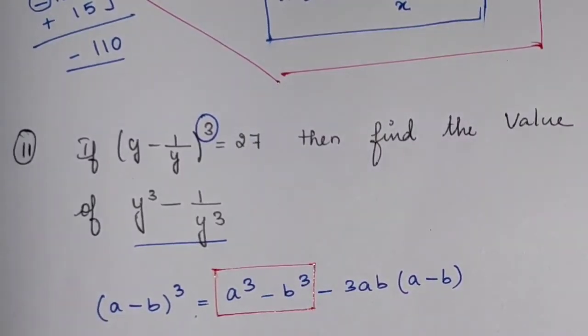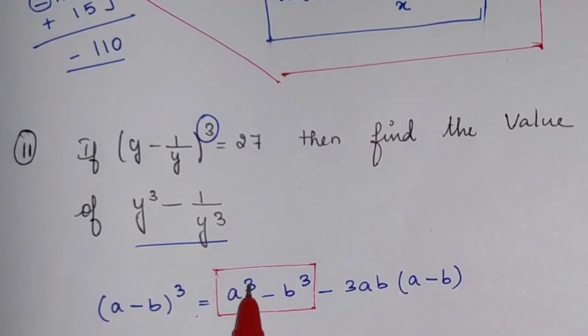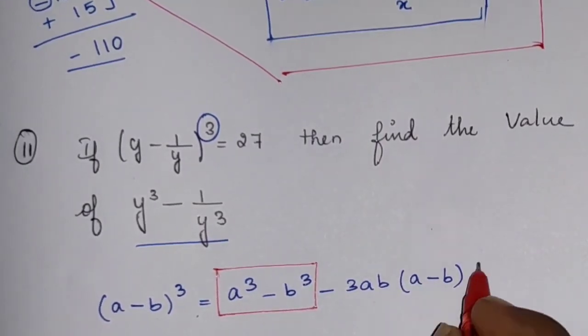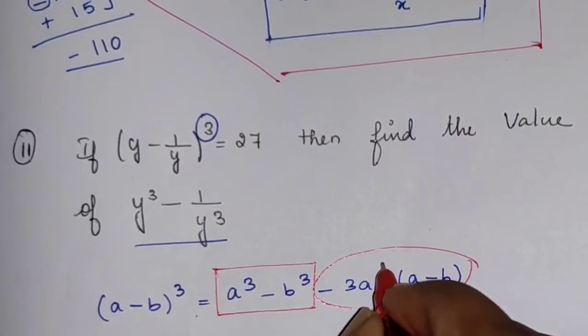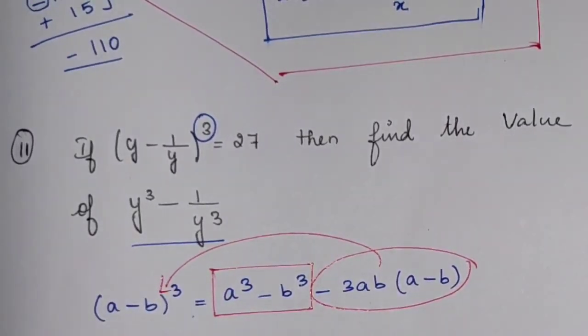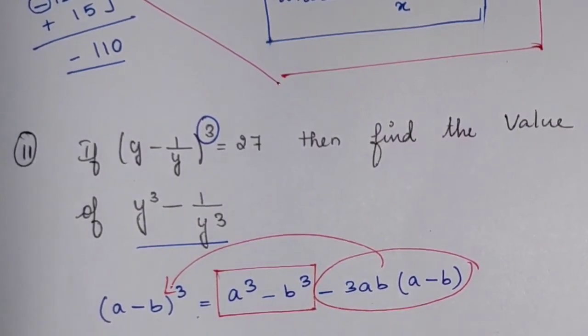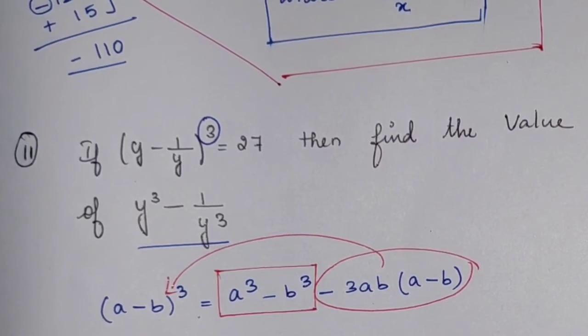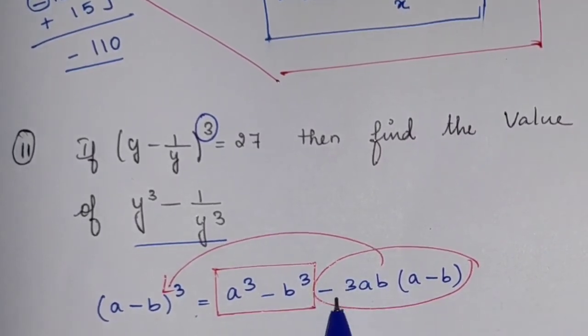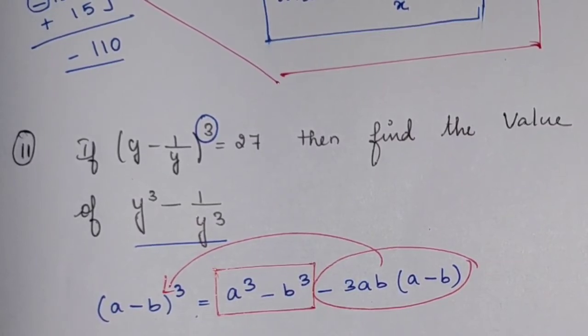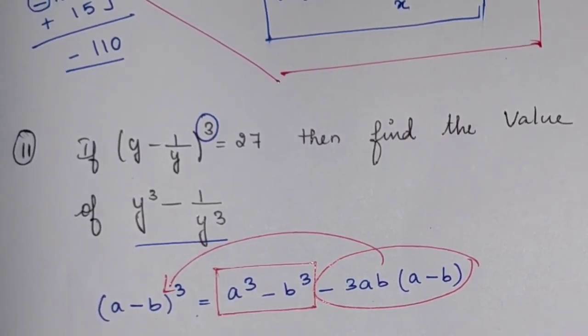So now we are going to derive the formula for a cube minus b cube. Take this to the other side, so it will become a minus b the whole cube plus 3ab into, only this sign will change, it is in multiplication, so this sign will alone change, a minus b, is equal to a cube minus b cube.